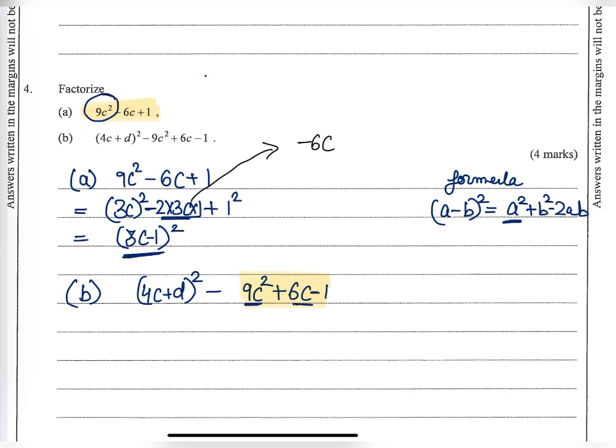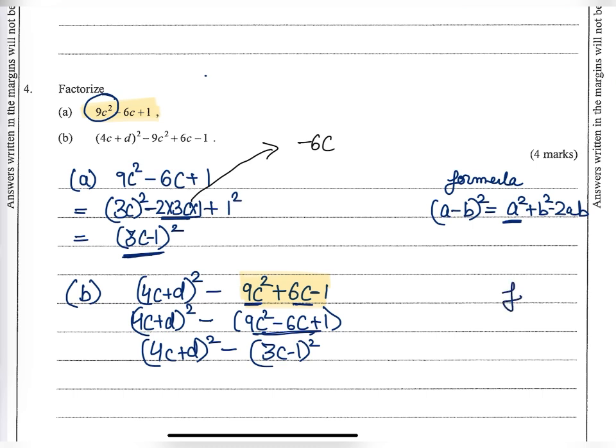So what we are supposed to do is take the negative common. So that is 4c plus d whole square minus common. Then it becomes 9c square negative 6c plus 1. So 4c plus d whole square minus, instead of this, we can write 3c minus 1 whole square.